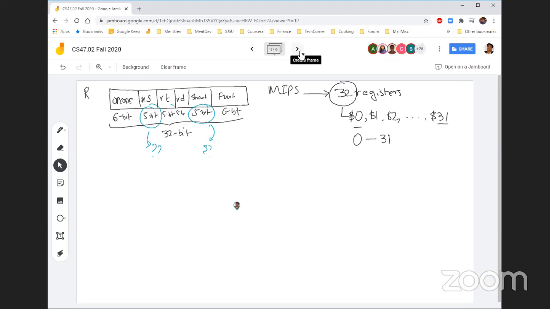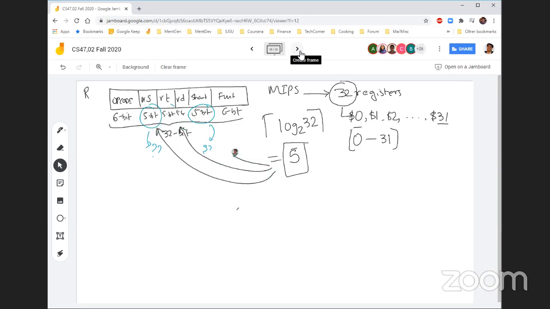So 32 different values will be going into these fields. How many bits we need at minimum to do that is log base 2 of 32, take a ceiling of it, which is 5. So that's why these fields are 5 bits. Question so far?